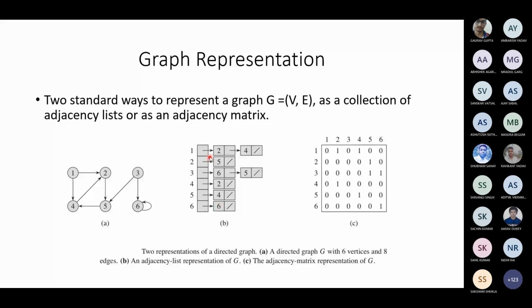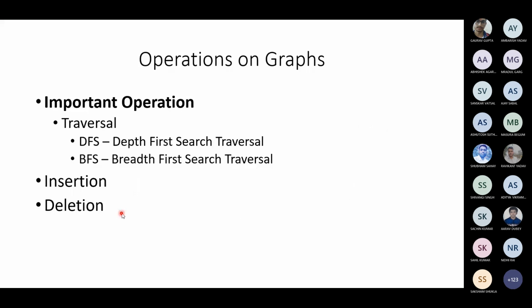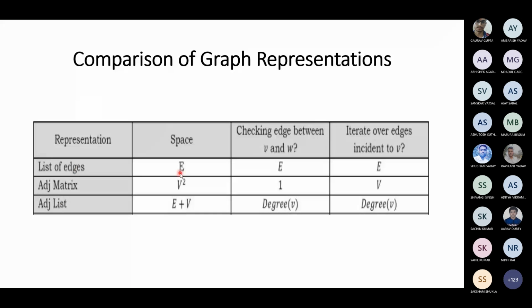1, 2, 3, 4, 5, 6, 7, 8. How many edges are here? 1, 2, 3, 4, 5, 6, 7, 8. Correct? Count here. The number of nodes are 5. So that's what is written here. The list of edges will take E, then the adjacency matrix will take V square of space.